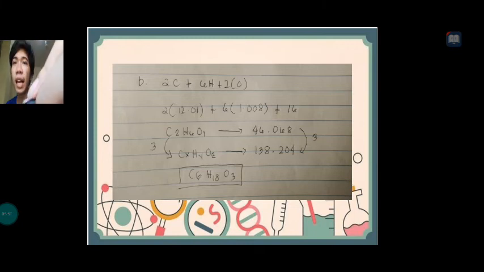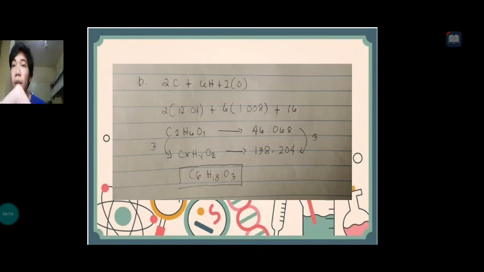So to get that, the given molar mass is 138.204 grams per mole. So divide 138.204 by 46.068. So the answer is 3.